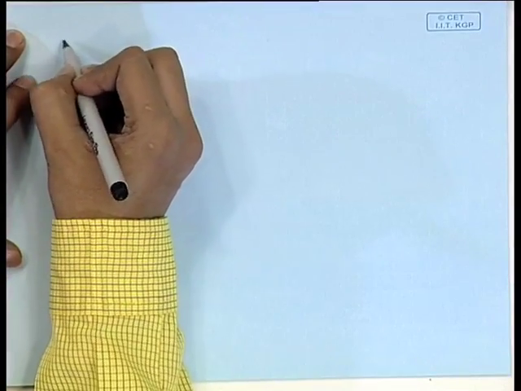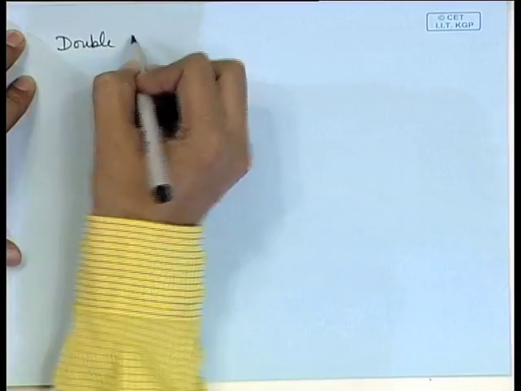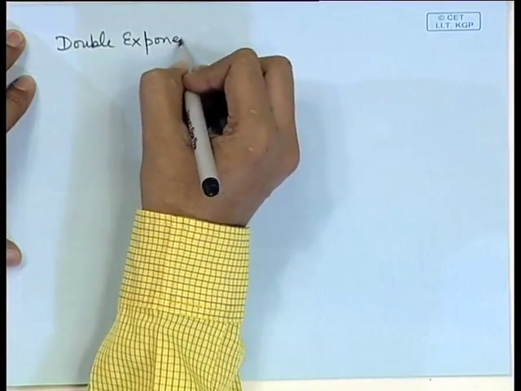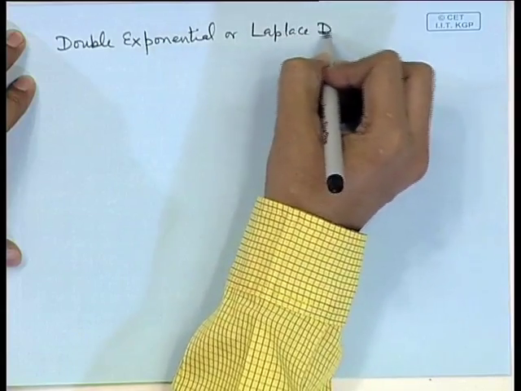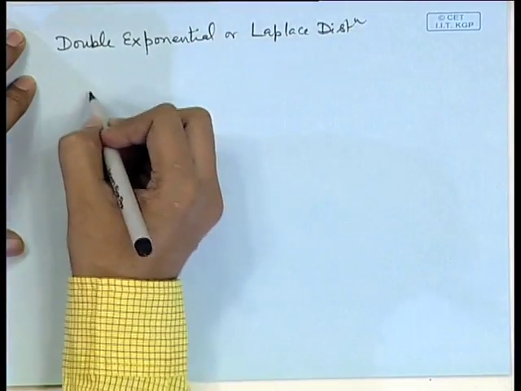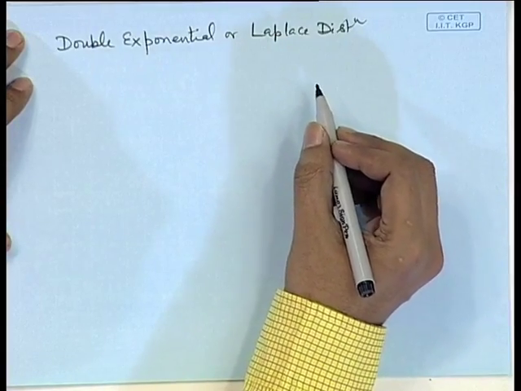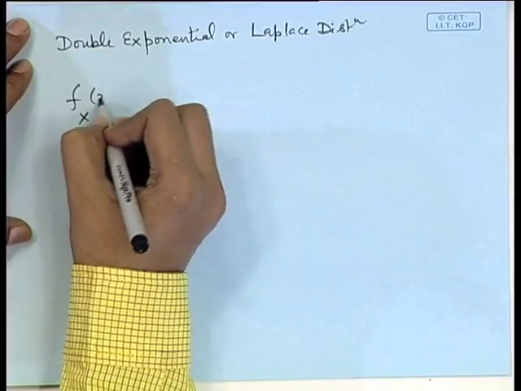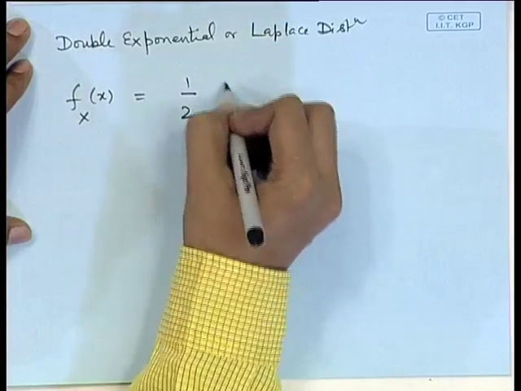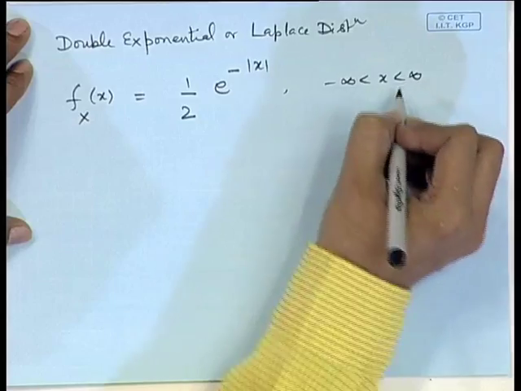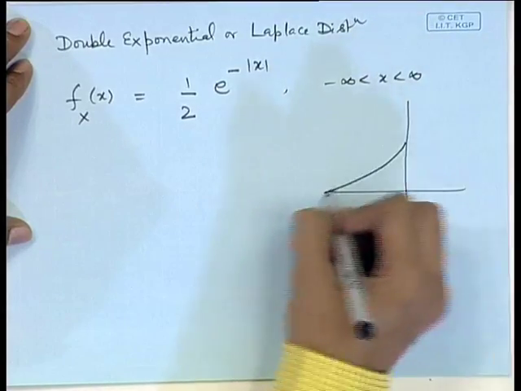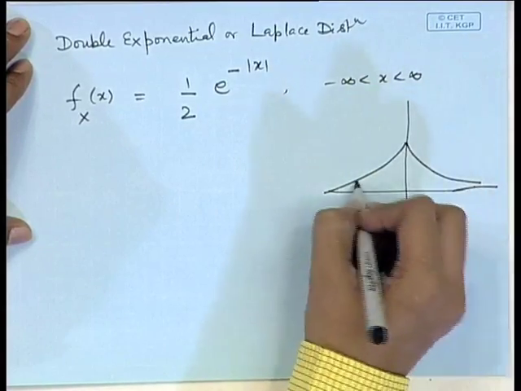Next we introduce a double exponential or Laplace distribution. If we remember the exponential distribution, in the exponential distribution the density was on the right side of the axis. If we consider the density on both sides of the axis, this is known as a double exponential distribution.